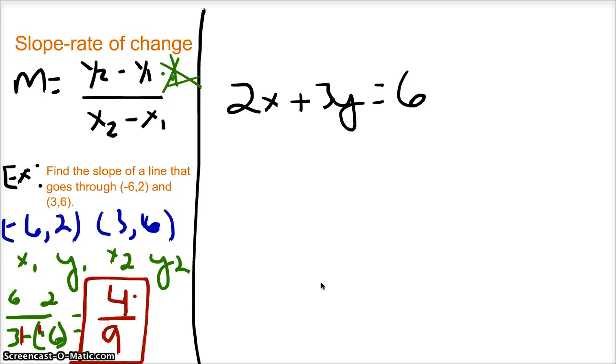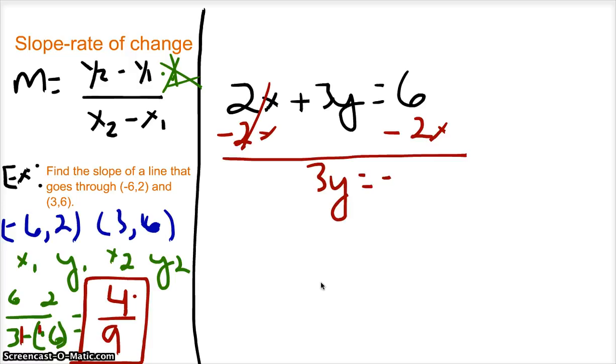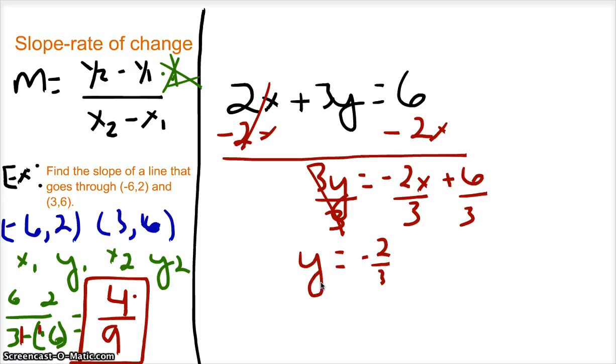I have a positive 2x, so to move that to the other side, I subtract 2x on both sides, and I'm left with 3y equals negative 2x plus 6. Then it says divide everything by the number in front of y. That number is 3, so I divide everything by 3, and I'm left with y equals negative 2/3 x plus 2. That is my answer.